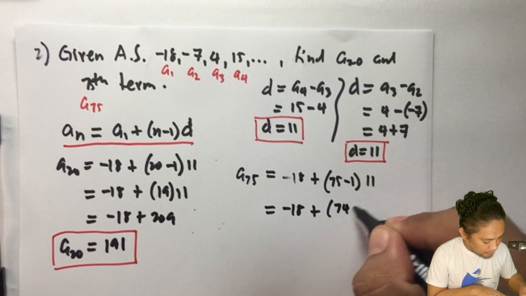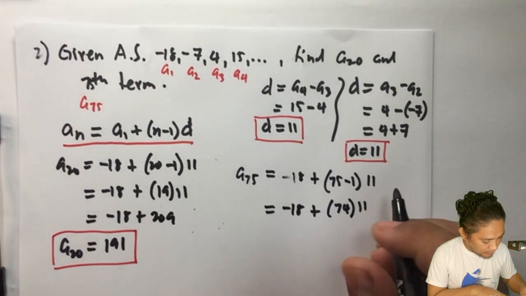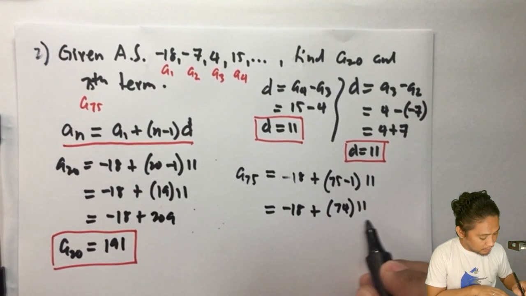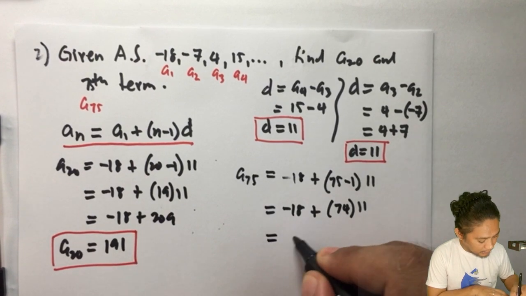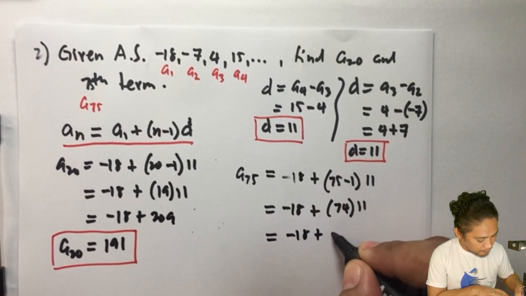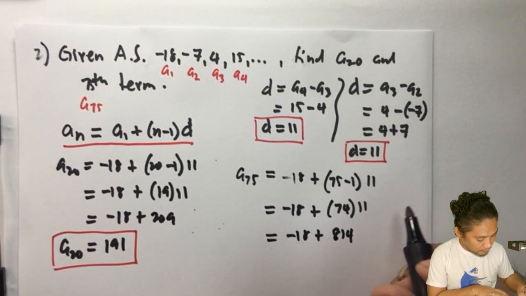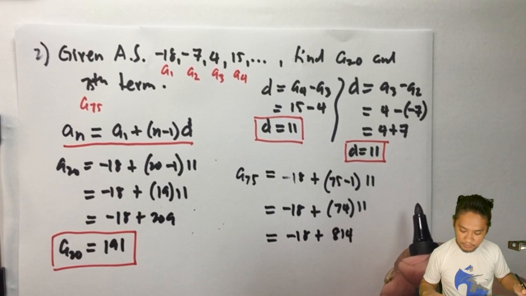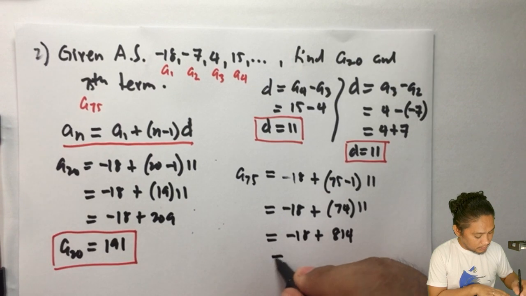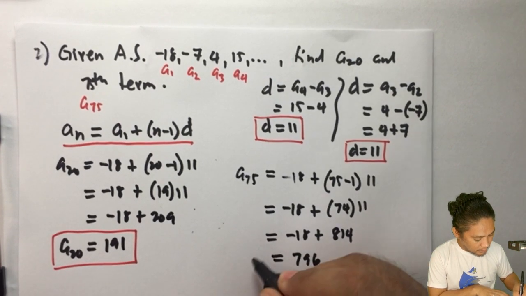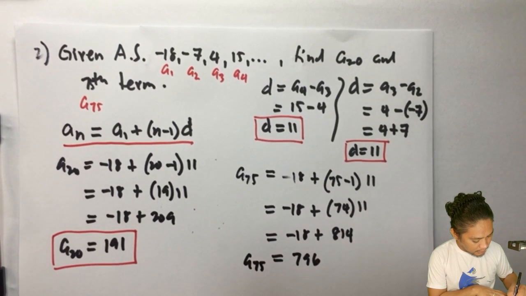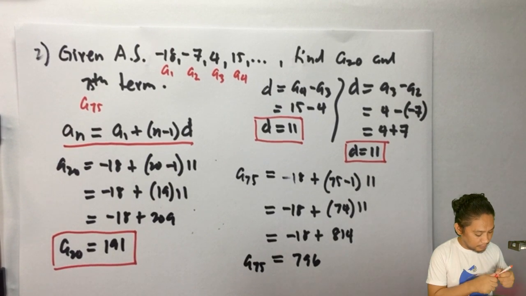And 74 times 11 is 814. And 814 minus 18 is 796. So there you go, our 75th term is 796.